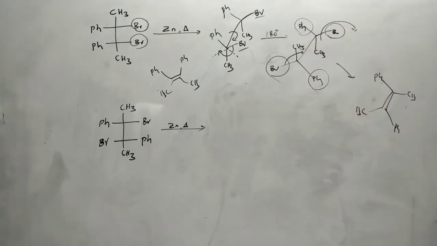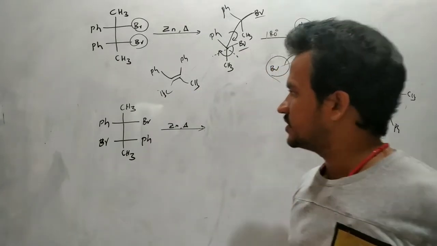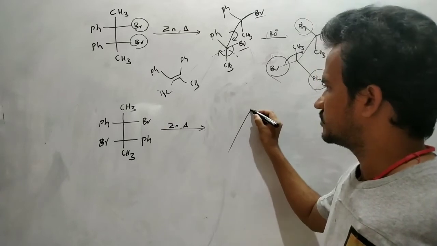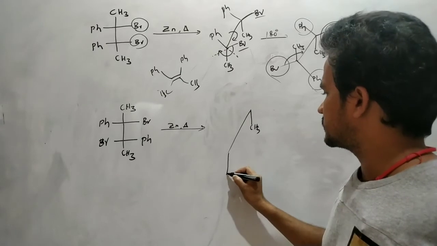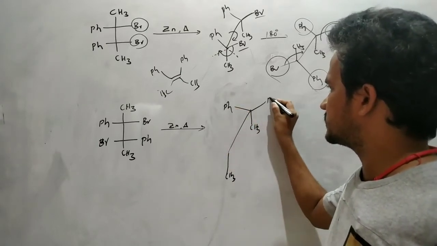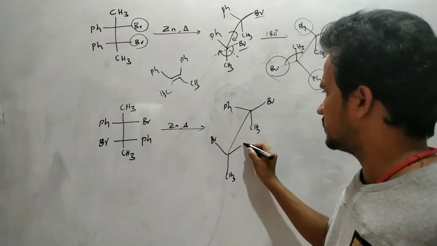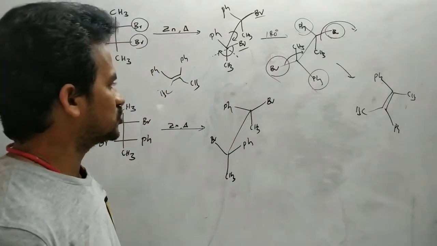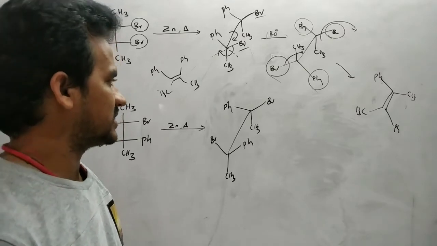Next, for this stereoisomer, write the Newman projection. That means this methyl downward, this phenyl, and this is bromine. Next, this is a bromine and this is a phenyl. Exactly in this case, these two bromines are not exactly opposite, not trans to each other.